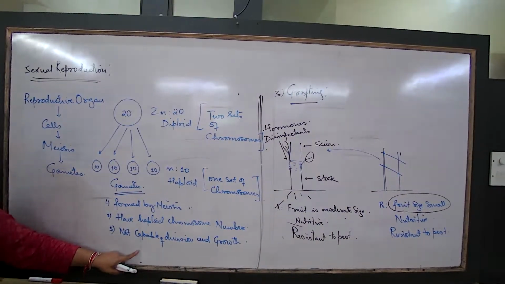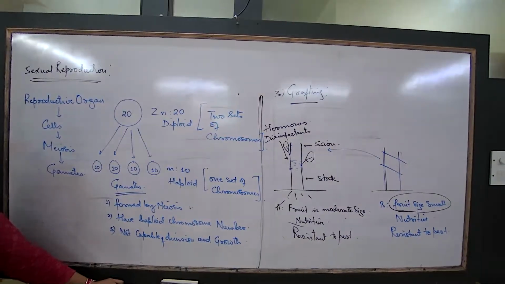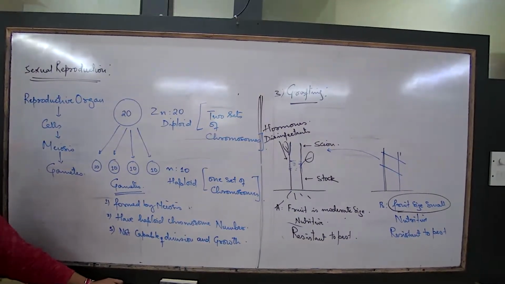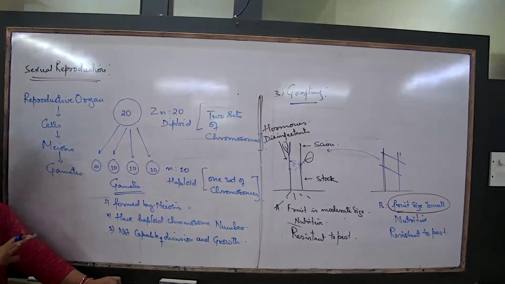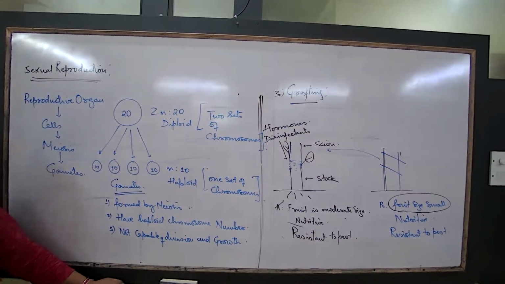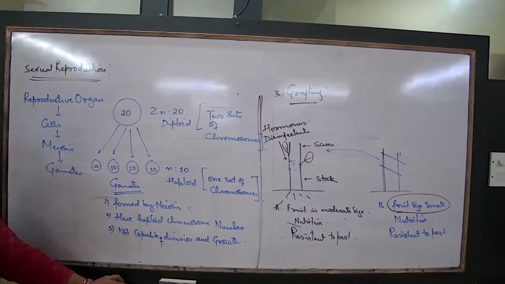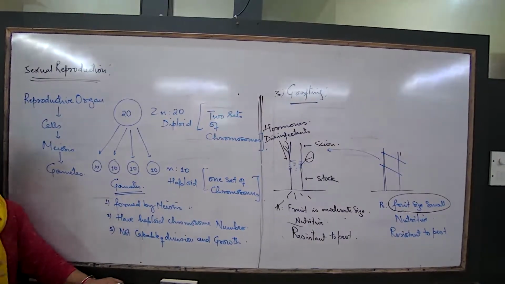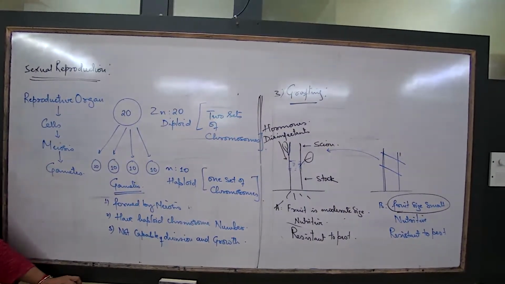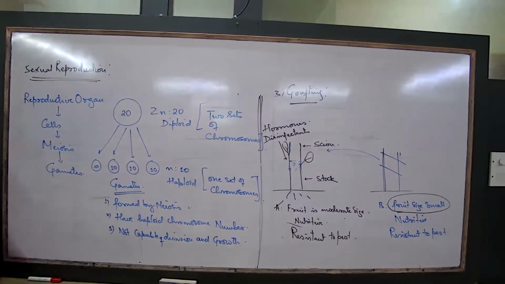They always have a very short lifespan, a few hours to a couple of days only. Within this period, if fertilization happens, they go ahead and form a new organism. No fertilization, they will die out. Clear? Now, after the break, we'll start understanding the parts of the flower and reproduction in the flower.